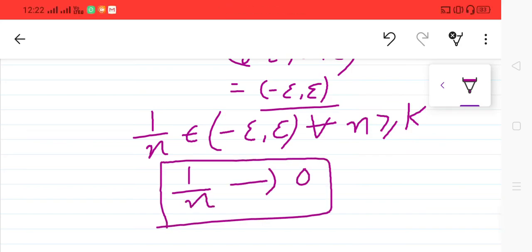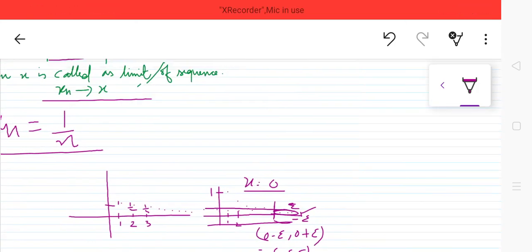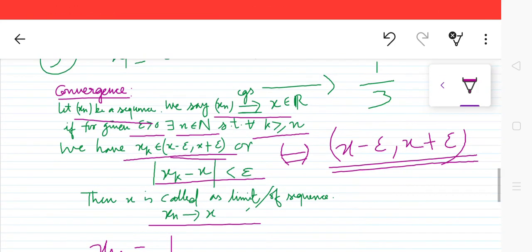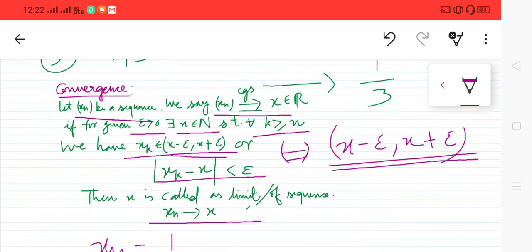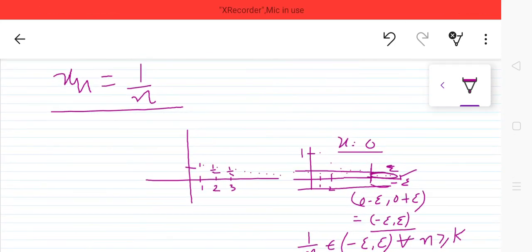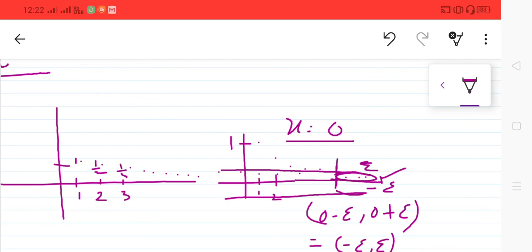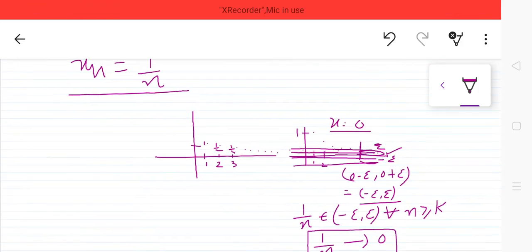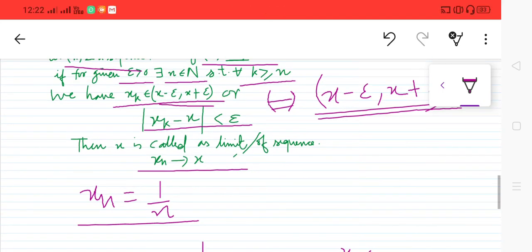So this is the basic definition of convergence. If xn is a sequence and x belongs to R, then xn converges to x if for every epsilon you are able to find some point after which the terms of the sequence are getting close to x.